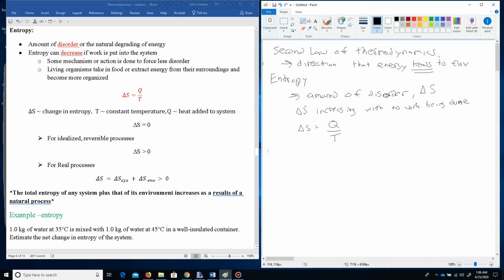Okay, so delta S is the change in enthalpy. T is going to be a constant temperature. Q is going to be heat added to the system. And for delta S equaling 0, this is for something that would be considered an idealized and reversible process. Okay, so what does that mean?